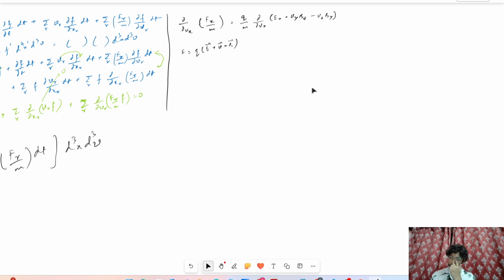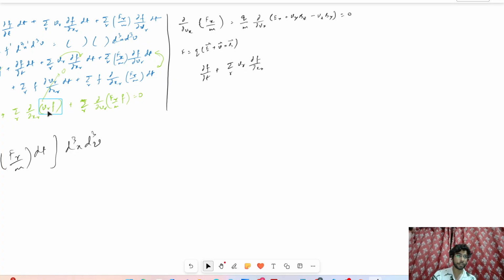So you see that Ex is not dependent on the velocity, and similarly By, Bz, nothing depends on velocity. Therefore, we see that the Fx by m term is independent of velocity. So we have del del vx of Fr by m, and this term is independent of velocity, so we can take this out. So our final equation will be del f del t plus the summation of r vr del f del xr.